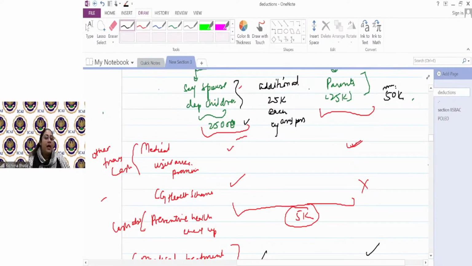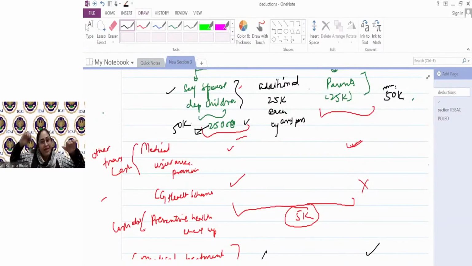These are maximum limits, guys. Now suppose I am 60 plus, my spouse is not 60 plus, my children are not 60 plus. Again, this limit of 25 would be taken up to 50K. So where the ceiling limit in general is 25 for self, spouse and dependent children, and 25 for parents, if any person is a senior citizen, the limit gets increased by 25,000 to 50,000.